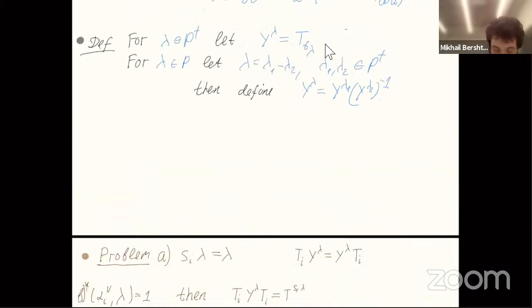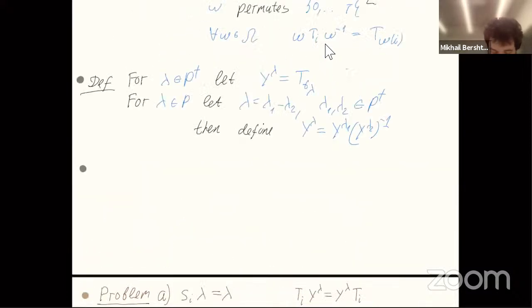And the proposition which makes this definition well defined is the following. If we have two elements lambda 1, lambda 2 in P plus, then T lambda 1 and T lambda 2 commute.